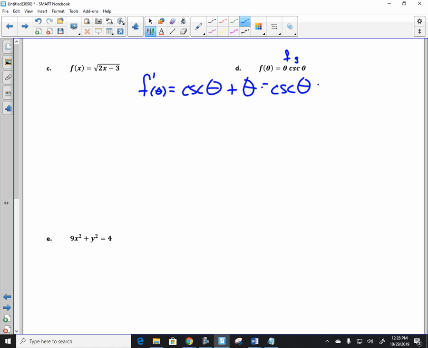Negative cosecant of theta, cotangent of theta. So I'll rewrite this as cosecant of theta minus theta cosecant of theta cotangent of theta.